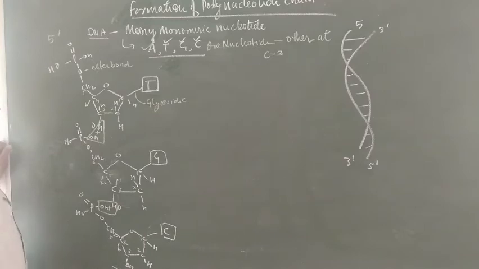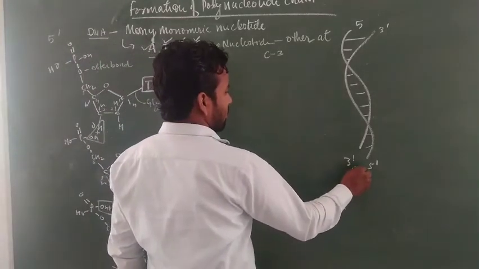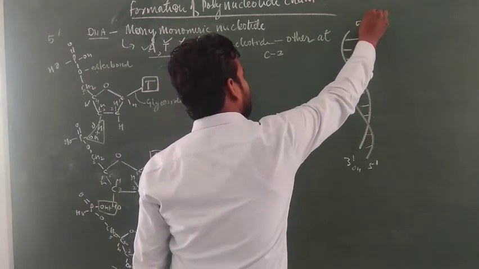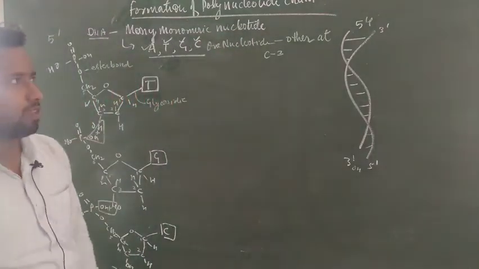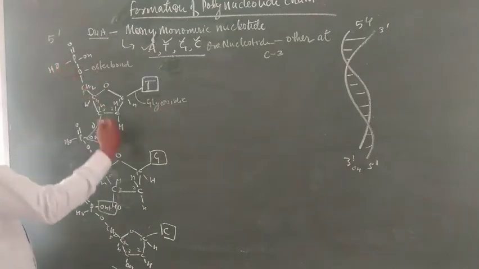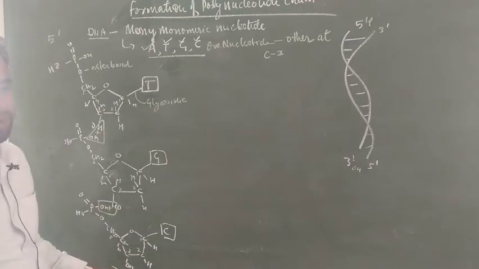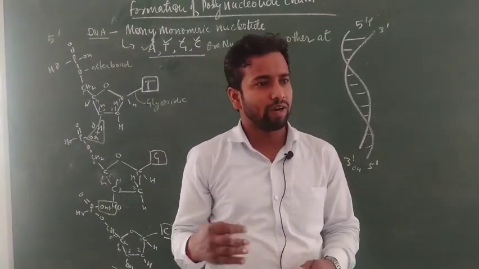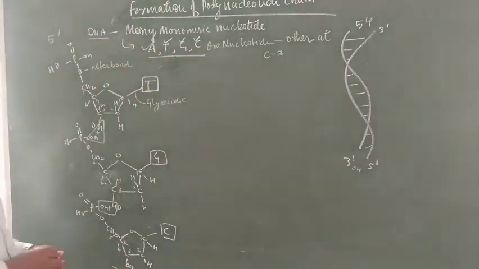The 3' end of any DNA always represents OH, hydroxyl, and the 5' end always represents phosphate. Generally it is written as 5' in the form of phosphate and 3' in the form of OH. It is always waiting that any nucleotide comes in contact and they join immediately. 3' is always an open end.